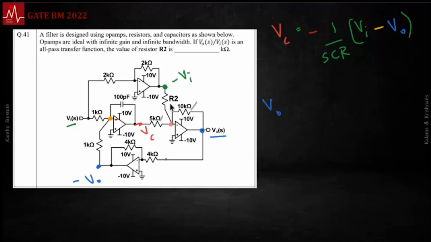V naught will be VI as a gain of 10 by R2, VI into 10 by R2. And there is a summer there. You take VC to be 10 by 5.